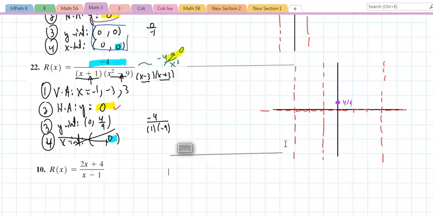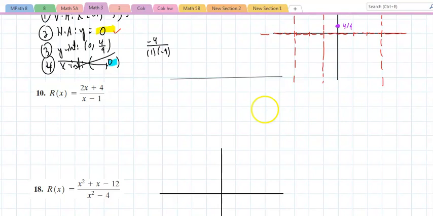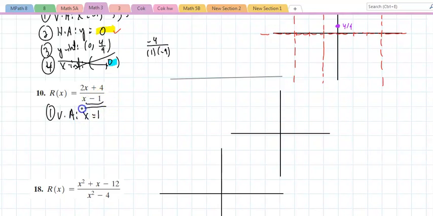Now, how about number 10? 1, vertical asymptotes. What's the domain? X cannot be 1. I'm going to mark that as a vertical asymptote, indicating you can never reach that. 2, horizontal asymptote.